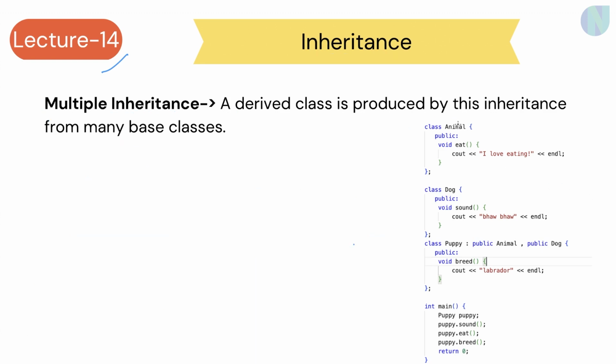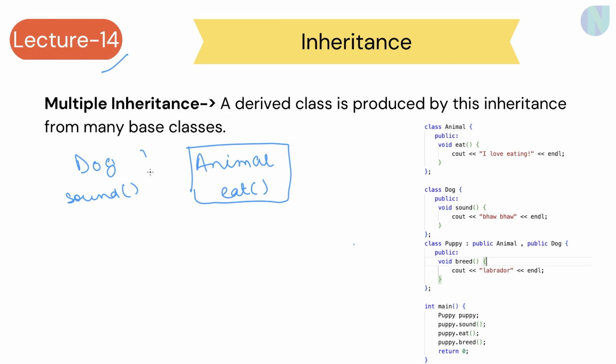What you can see from the example is that there is a class animal having a property eat. Done. Now there is one more class called dog, having a property sound. Let's make this class as well. Now what is happening here, you need to see. There is a class called puppy which is deriving its properties from animal as well as dog.